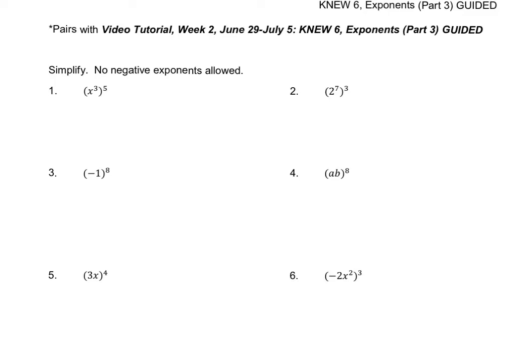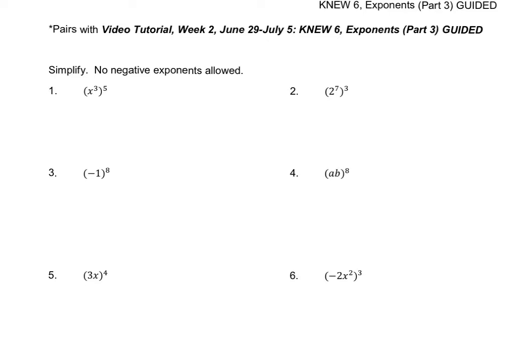Okay, so this looks a little bit different, because now we have an exponent that's kind of piggybacking on another exponent. So we have x to the third, and this whole thing is being raised to the 5th power. So what this basically means is we are taking this x to the third thing, and we have that 5 times, right?